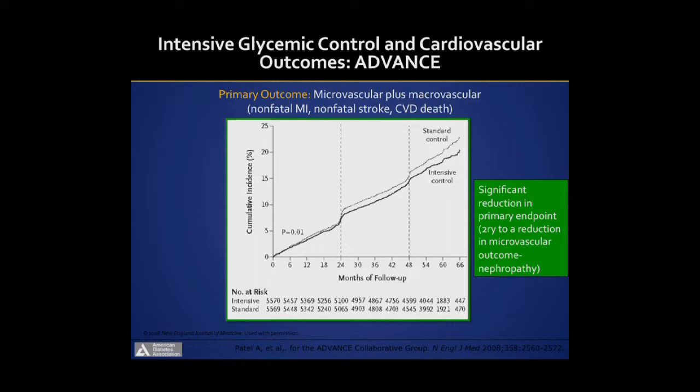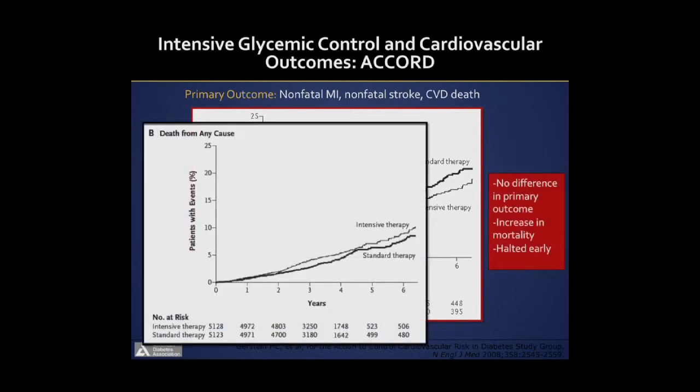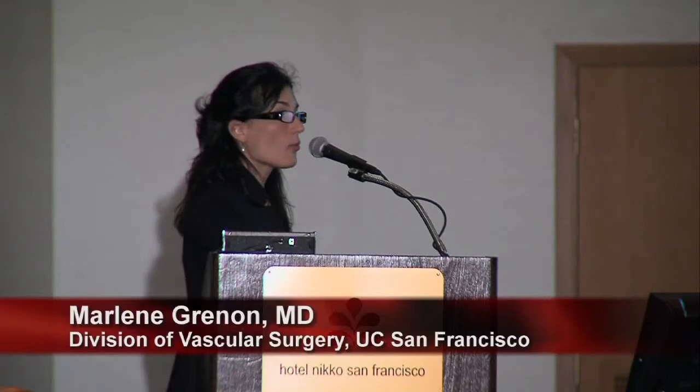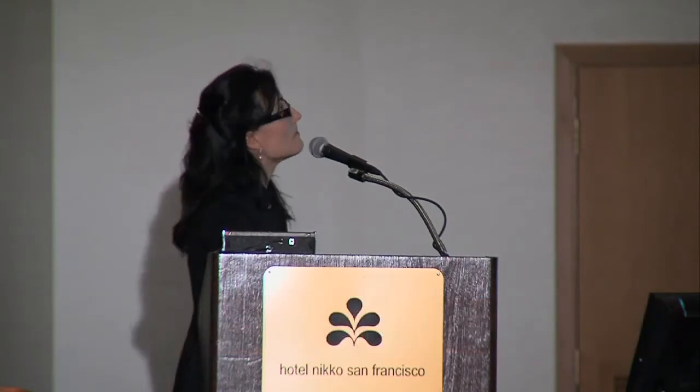In the ADVANCE trial, there's a significant reduction in the primary endpoint, but that was secondary to a decrease in nephropathy. However, in the ACCORD trial that was published the same year, there's no significant difference in the endpoint of non-fatal MI, non-fatal stroke, and CVD death. And there's an increase in the mortality, which was thought to be secondary to hypoglycemic events. So again, one should be careful in terms of intensive therapy.